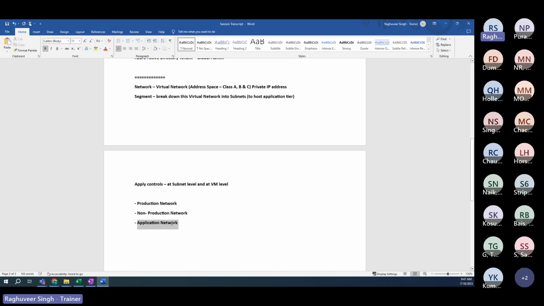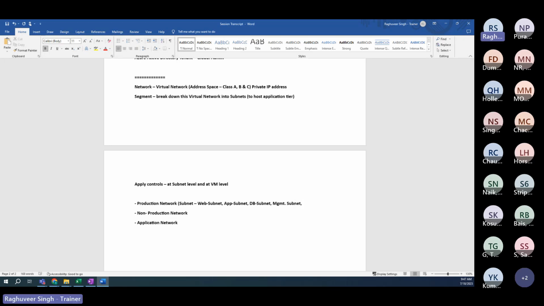You can create an application network also, a network which is dedicated to a specific application. Or you can collocate all the applications, all production applications in one network, which basically means that inside the network, you can create subnets like web subnet, app subnet, DB subnet, or you can say front end, middle tier, backend subnet, management subnet.